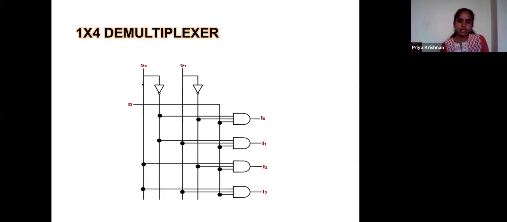If selection line is 0, 0, both are 0, so I want to take the output from the inverter gates, this part and then this part, and I'm also connecting D. So now this gate is selected and output will be available in I0. If selection line is 1, 1, my output I3 will be selected. So this 1 is taken directly, and this is also taken directly, the last one. So I3 will be selected.